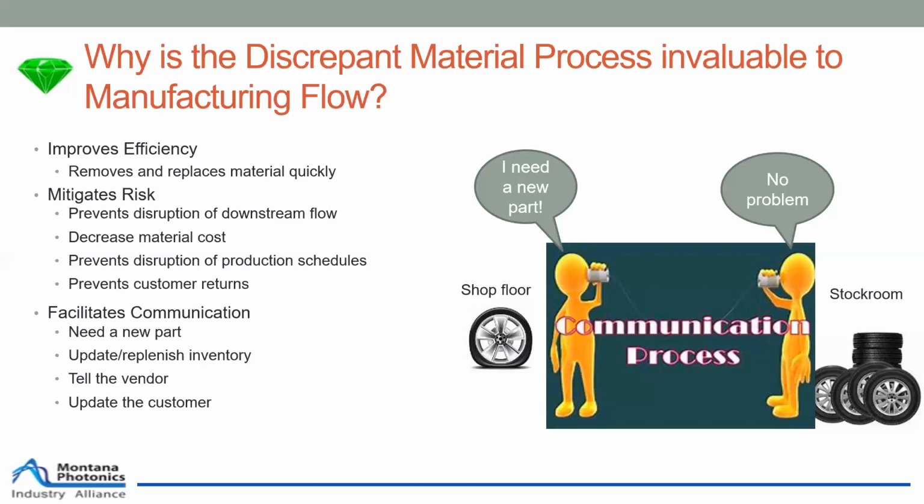Now the stockroom can update the inventory count and can replenish inventory. If the discrepant material is significant enough, you may want to communicate to the customer that delivery schedules may be at risk. The discrepant material process improves efficiency, mitigates risk, and facilitates communication.